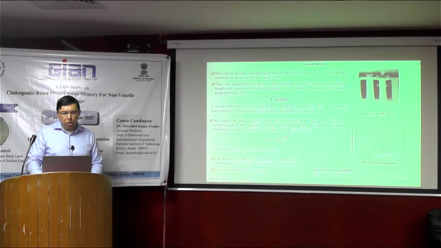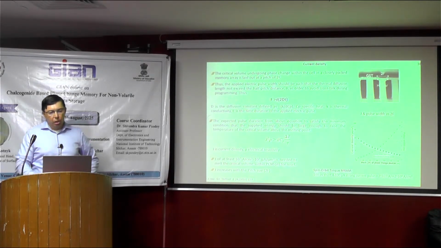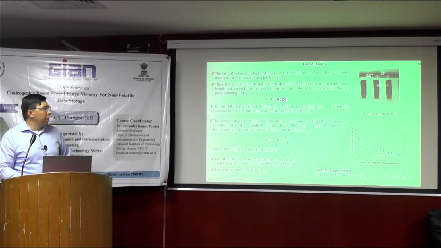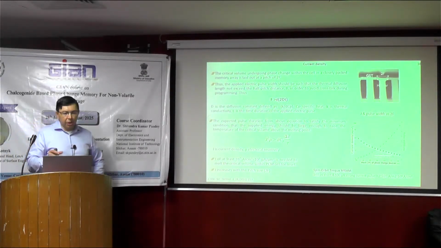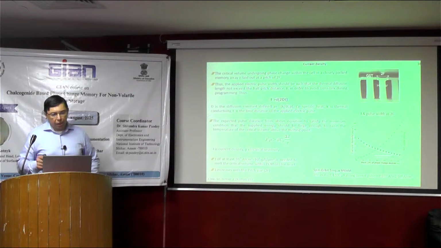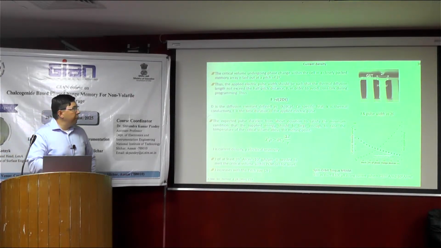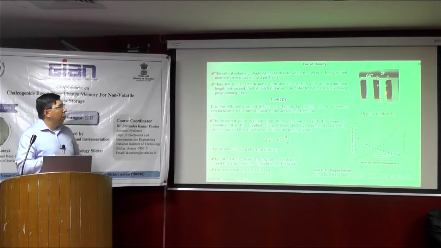So now let us look at the current density required to switch between the different memory states of the cells. If we consider our design of the cell, like here, heater, this is the bottom electrode and top electrode, and this is the GST here.